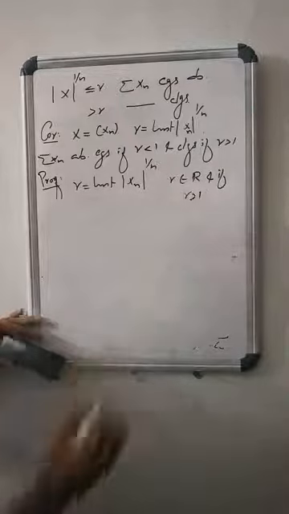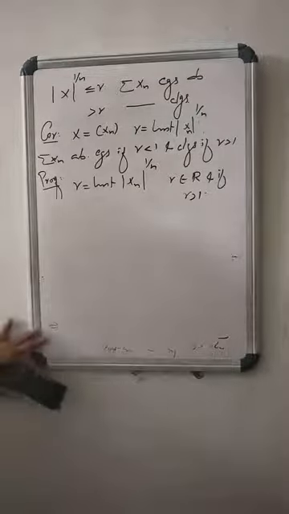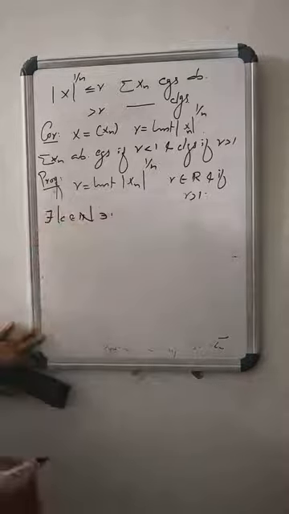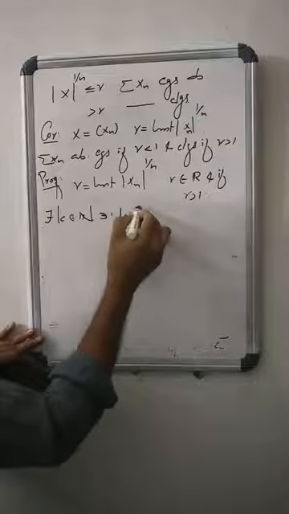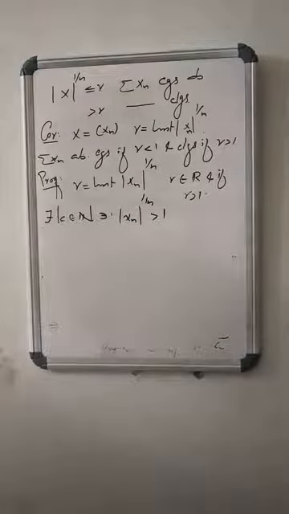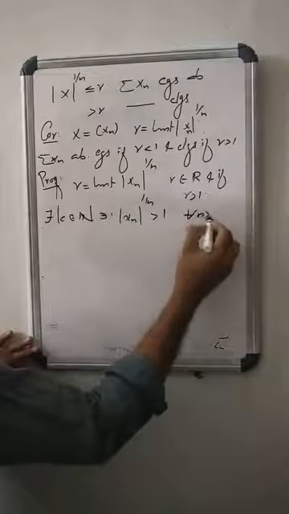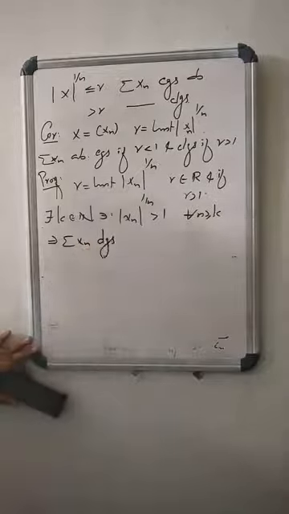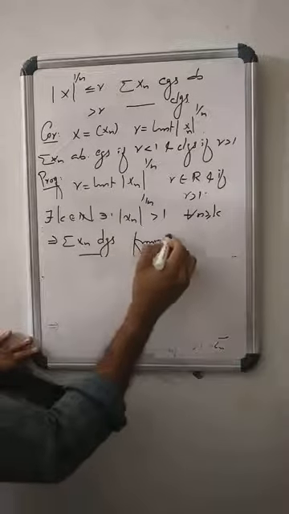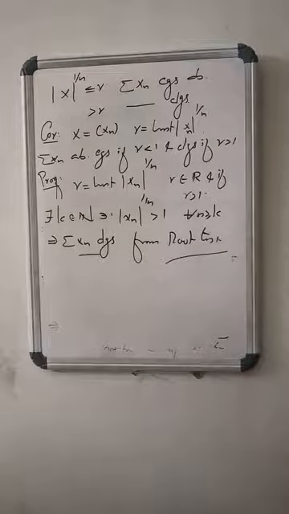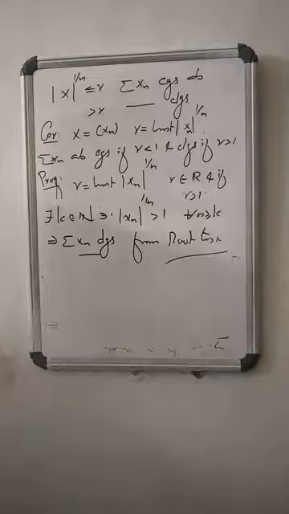Then there exists k in N such that modulus of x_n power 1 by n is greater than 1 for all n greater than or equal to k. So that means sigma x_n diverges. Why does sigma x_n diverge? Again from the root test. What is the root test? The root test says that if modulus of x_n all power 1 by n is greater than or equal to r, then sigma x_n diverges. Clear?